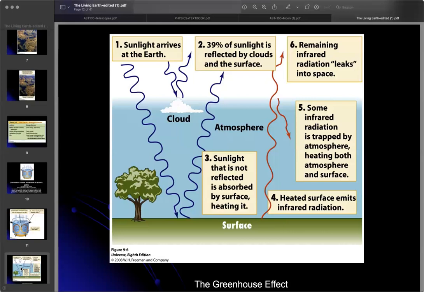When the sunlight comes in, it has short wavelengths, and so it doesn't get stopped by the carbon dioxide and the water vapor in the atmosphere. And then it hits the surface, heats the surface, and that surface is what heats the atmosphere. But then some of the heat gets reflected by the surface and by the clouds.